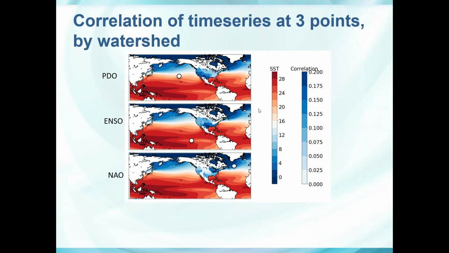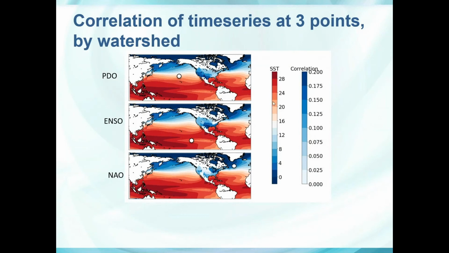And one quick note, this is the absolute value of the correlation, which is really just to give you an idea of whether or not there's an effect. So it's not telling you whether it's a positive or negative correlation. It's just to give you an idea of the geographical locations where it's playing a role.